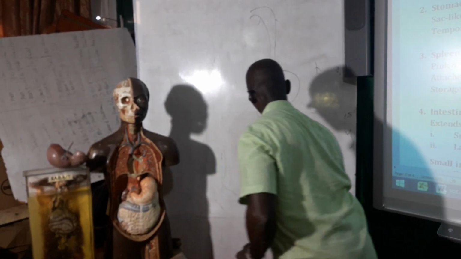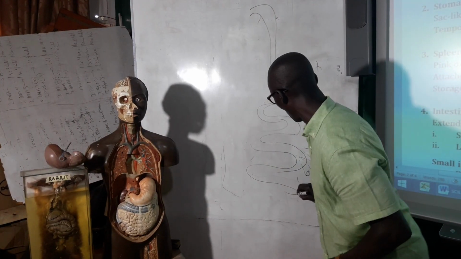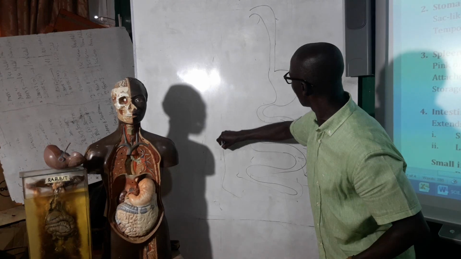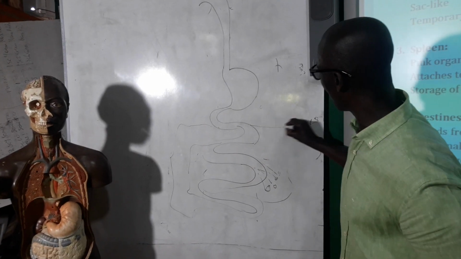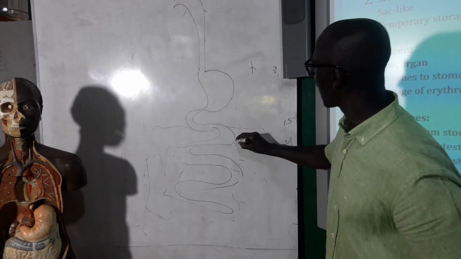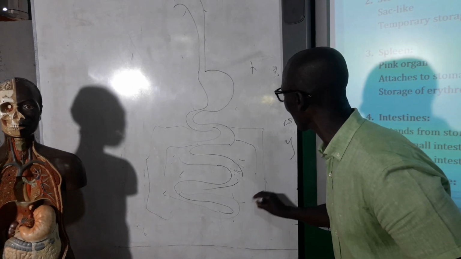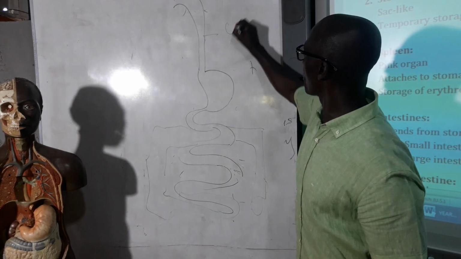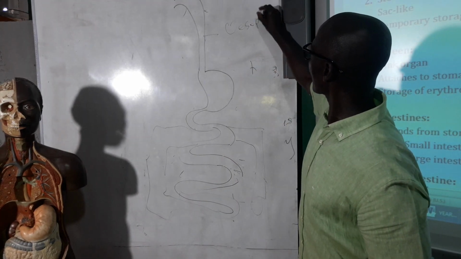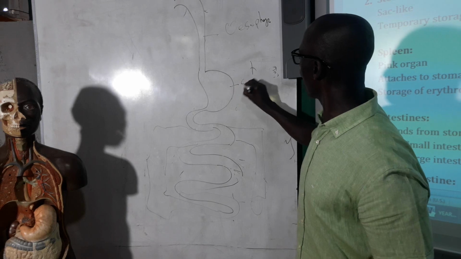As you watch carefully how I draw, very easy, just watch and then you imitate. You see, the intestines begin as small intestines. This is called the esophagus. This becomes the stomach.